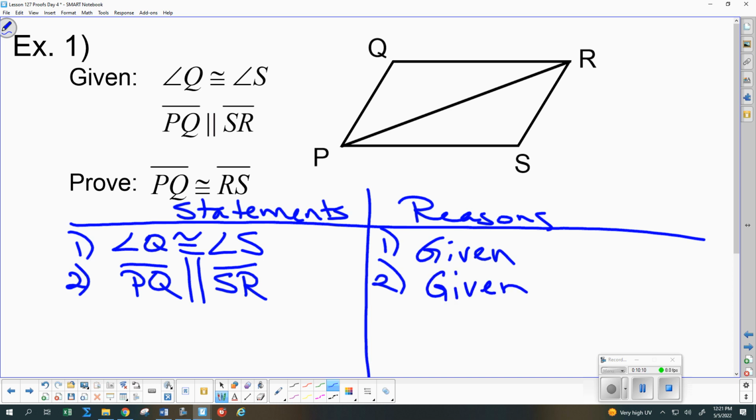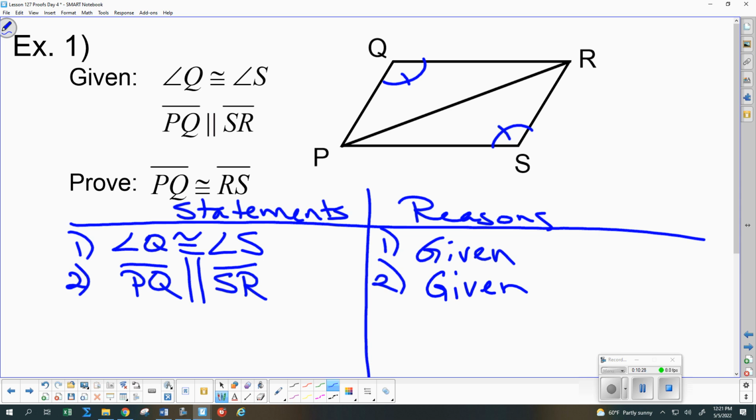And then what else do we do with that information? We need to put it on the graph. So let's mark Q and S. PQ is parallel to, sorry, that looks like two little teeny tiny parallel lines. That's what it means.